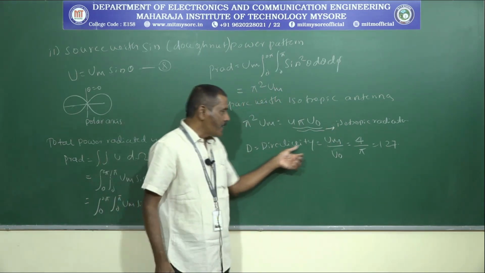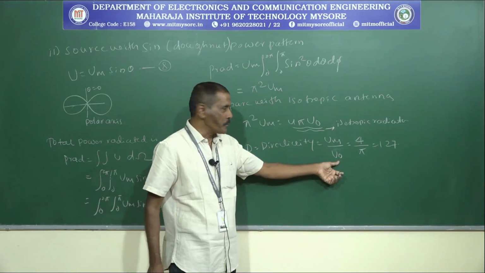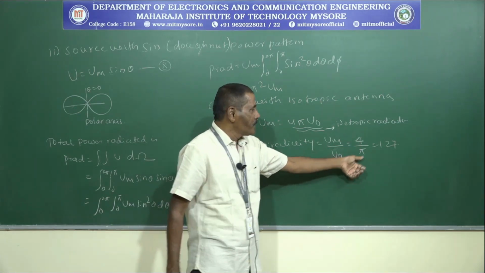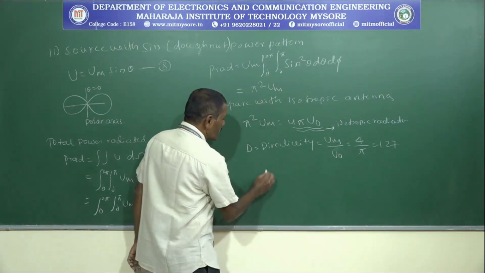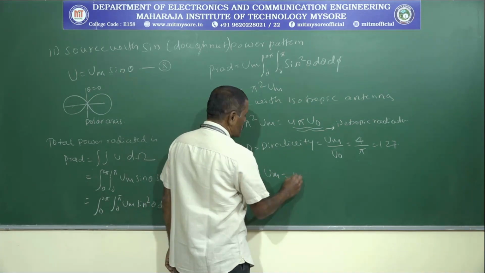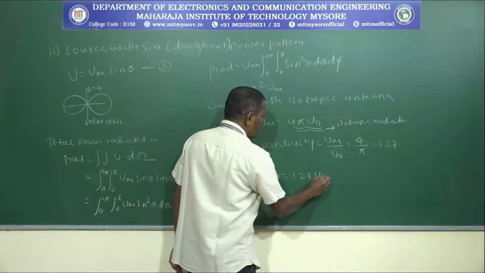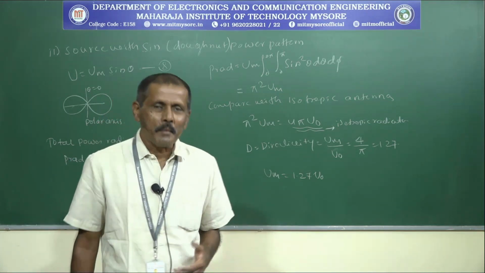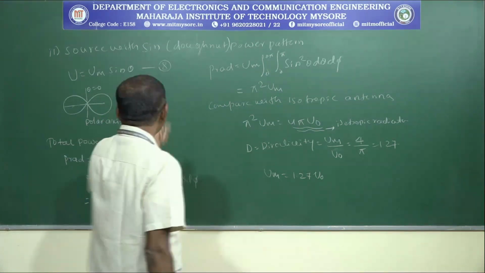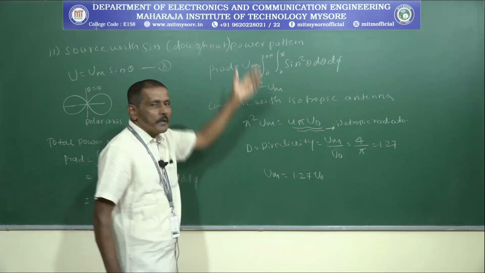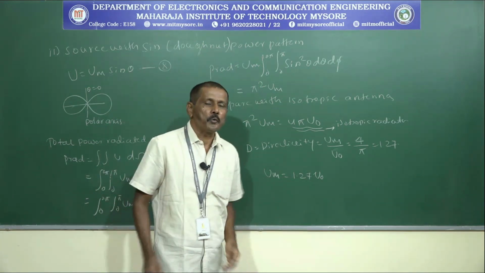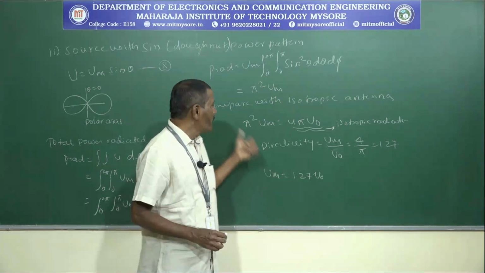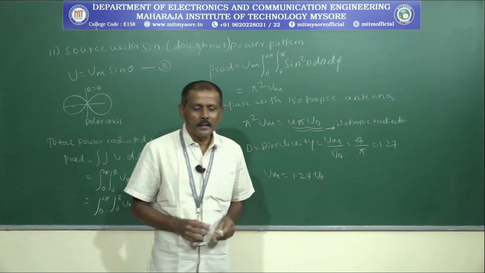Then the directivity is directly equal to UM divided by U0, 4 divided by pi, so this is equal to 1.27. Then I can write UM is equal to 1.27 U0. What it indicates is that the maximum intensity radiated by a source with a doughnut power pattern is 1.27 times that radiated by the isotropic antenna.